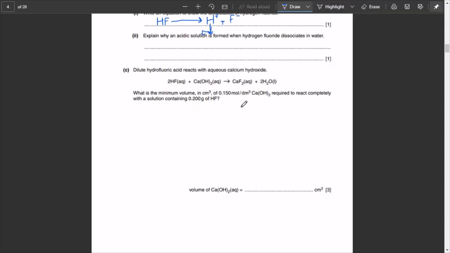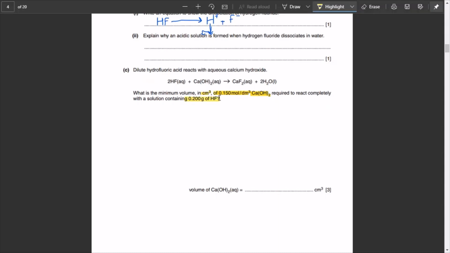First of all, we need to give the answer in centimeter cube, but for getting the answer, we need to look at the data that we have been given: 0.15 mole per dm cube Ca(OH)2, required to react completely with a solution of 0.2 gram of HF.